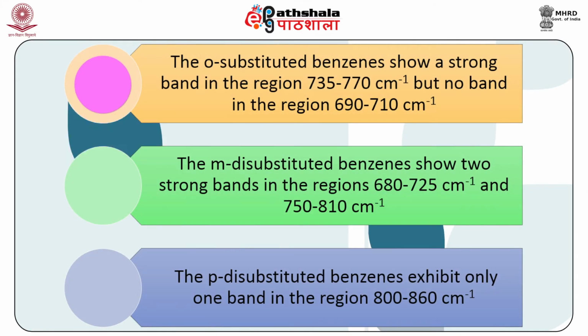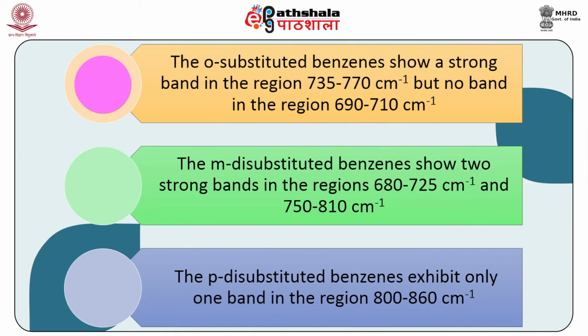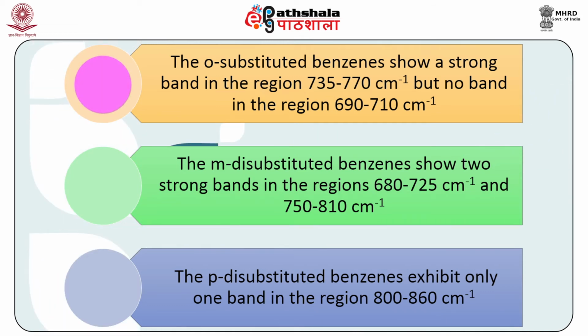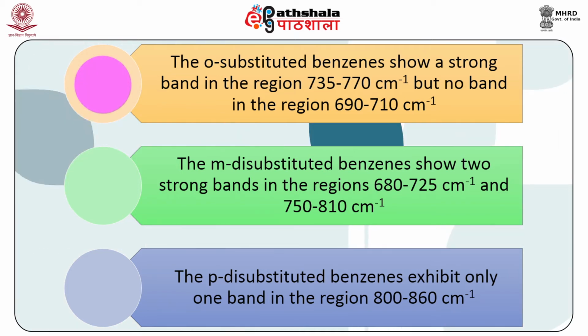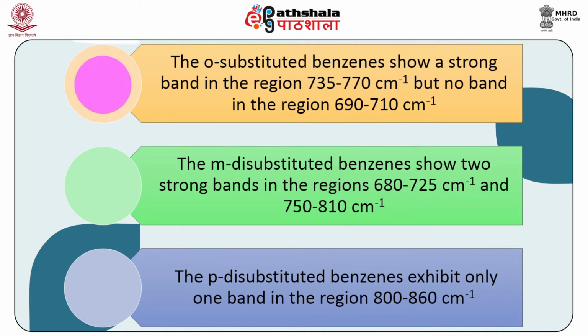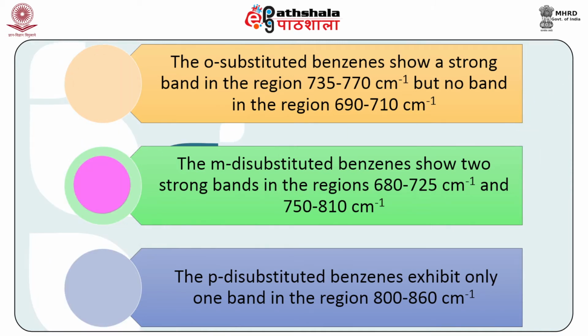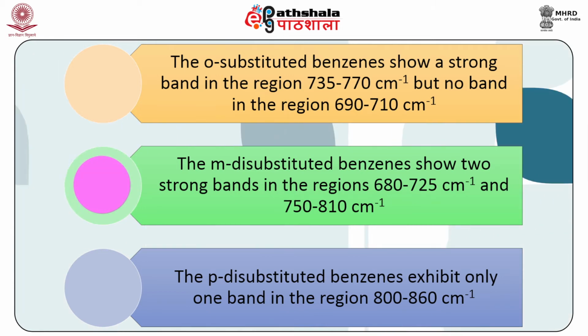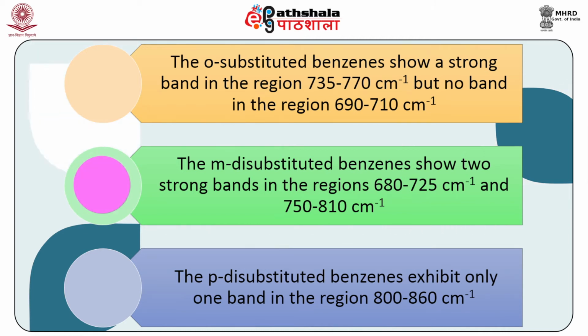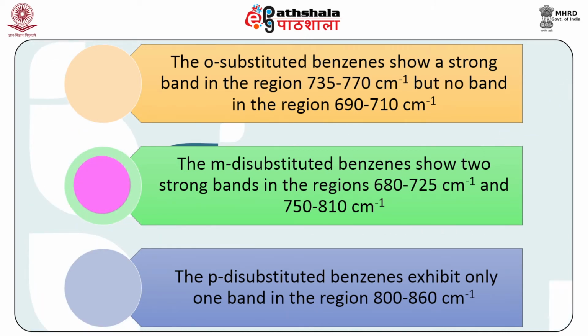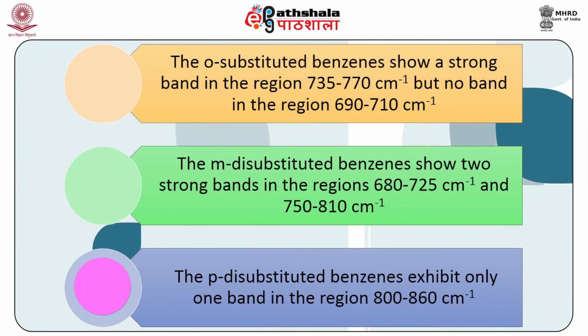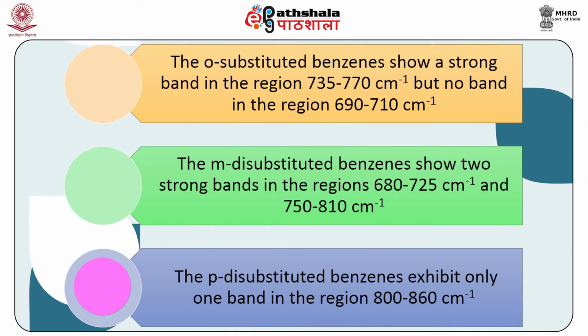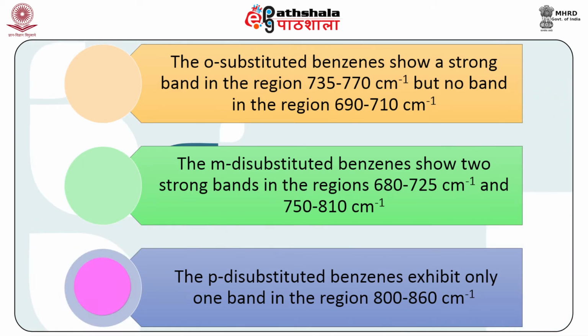The ortho-substituted benzenes show a strong band in the region of 735 to 770 cm inverse, but no band is present in the region of 690 to 710 cm inverse. The meta-substituted benzenes show two strong bands in the regions of 680 to 725 cm inverse and 750 to 810 cm inverse, whereas para-disubstituted benzenes exhibit only one band in the region of 800 to 860 cm inverse.